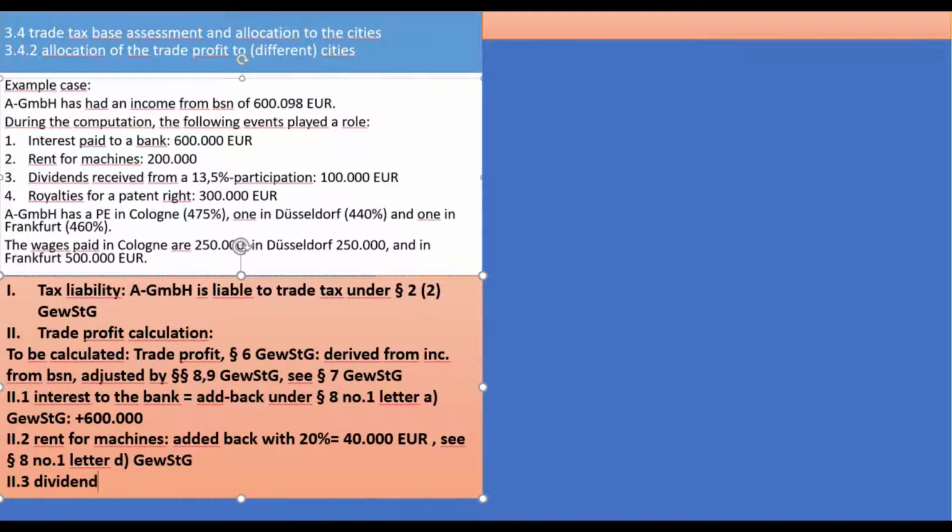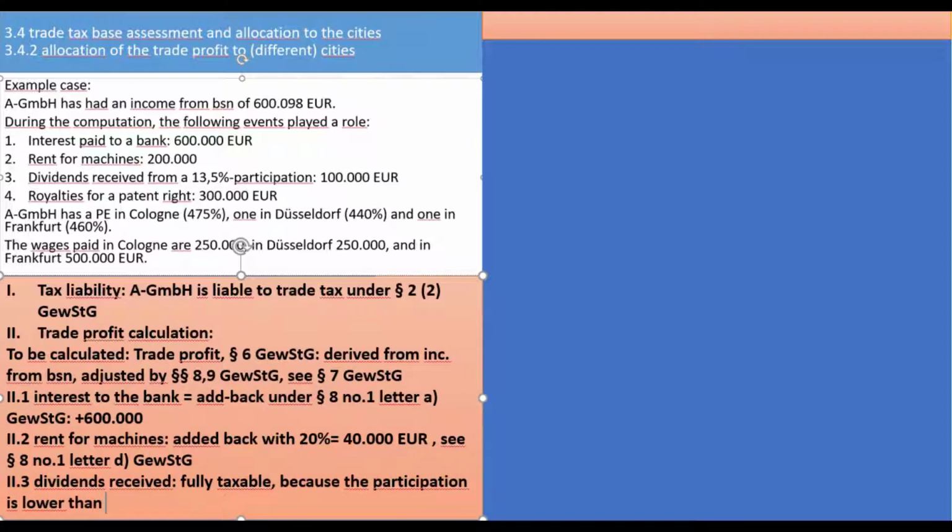2.3, the dividends received. The first step, what we think about, is fully taxable or fully tax-free. Should be fully taxable, because the participation is lower than 15%. So 100% must be taxable.